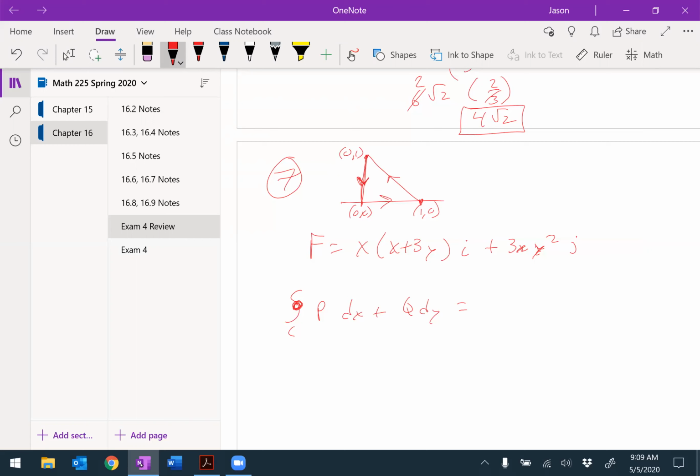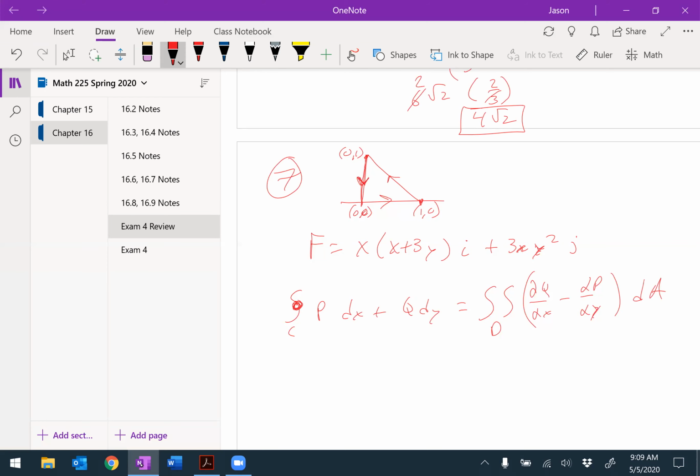That's counterclockwise, which is positive orientation. So we're good. And that equals the double integral over my domain of dQ/dx minus dP/dy dA.